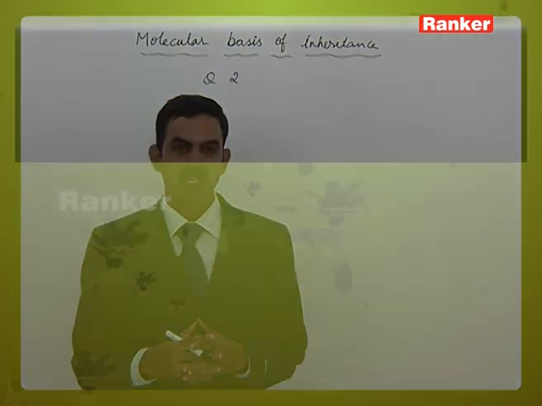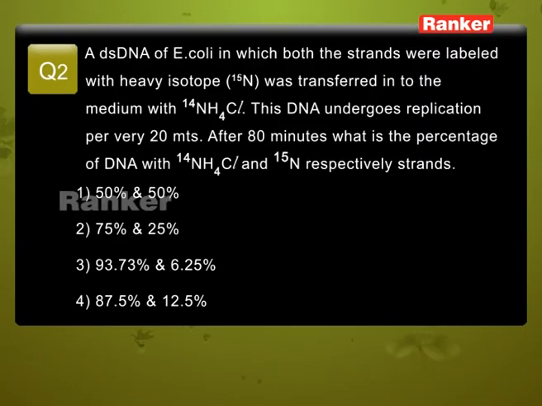Question number 2. A double-stranded DNA of E. coli in which both the strands are labeled with the heavy isotope N15 was transferred into a medium with NH4Cl in which nitrogen is the radioisotope 14. This DNA undergoes replication every 20 minutes.